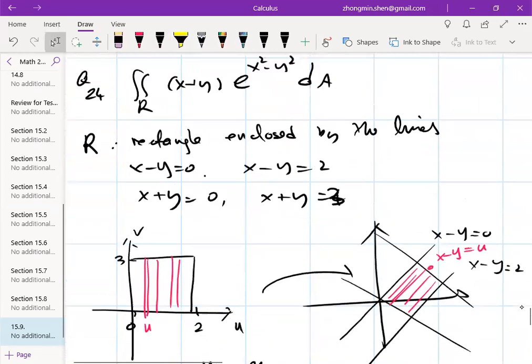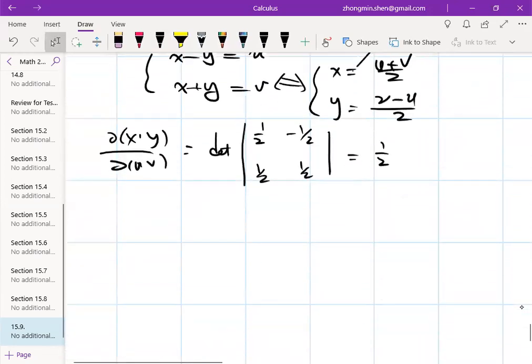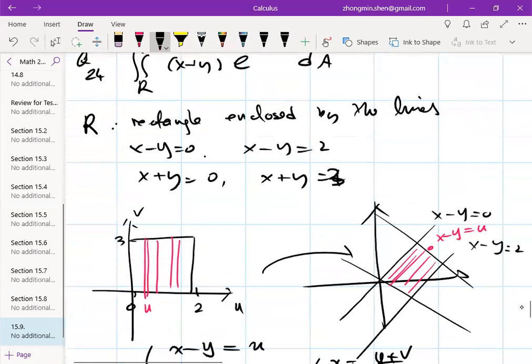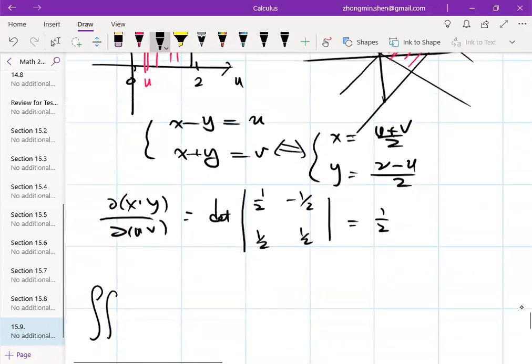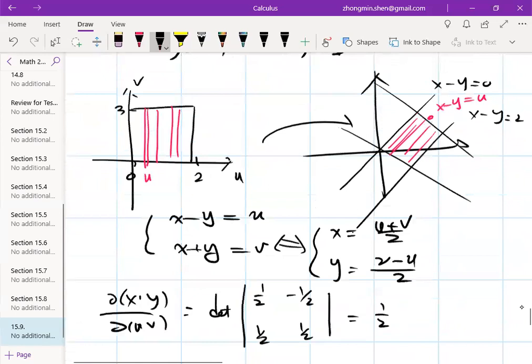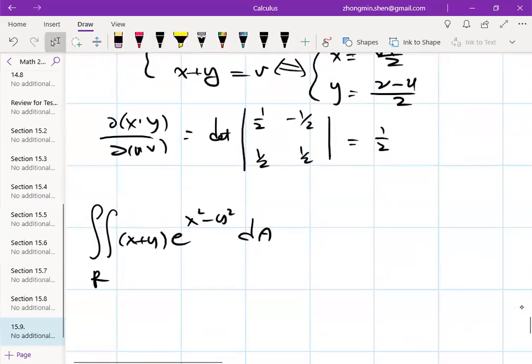So all we have to do is this double integral over the region R of x plus y times e to the x squared minus y squared dA. So this will be the integral over R bar.